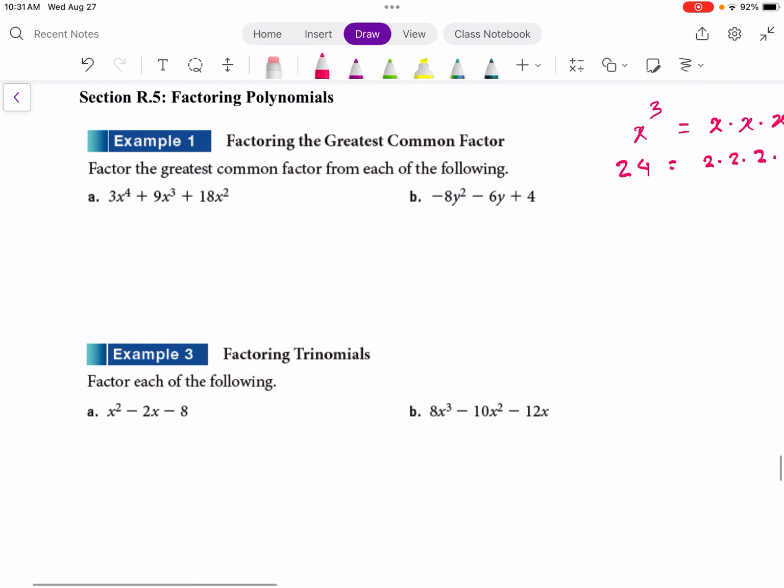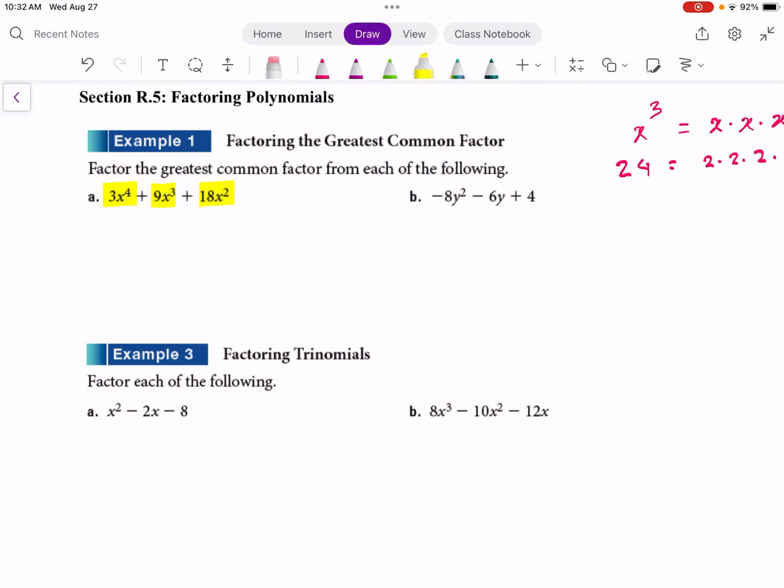Here we are asked to find the greatest common factor from each of the following. So we have to factorize, we have to find the common factor. At first, how many terms do we have? 3, right? We have 3x to the power 4, 9x cubed plus 18x squared. The very first step of factorization is looking for a common factor in each term. Now, what is the common factor in each term?